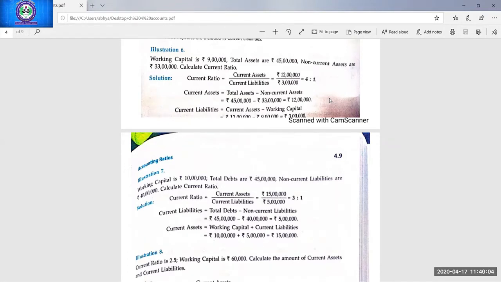So whenever current ratio is given in this manner, 2.5, it means 2.5 is to 1. It means if current liability is 1, then current assets are 2.5. Or if we take current liabilities as X, then the current assets will become 2.5X. So you just have to find out the value of X.